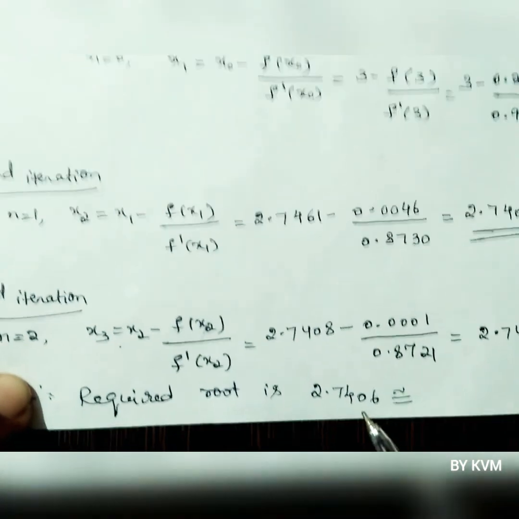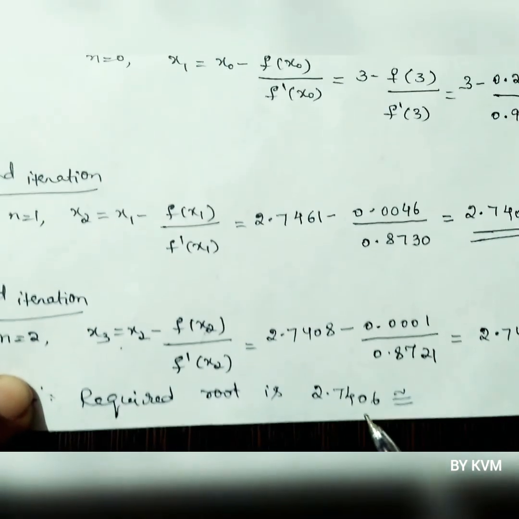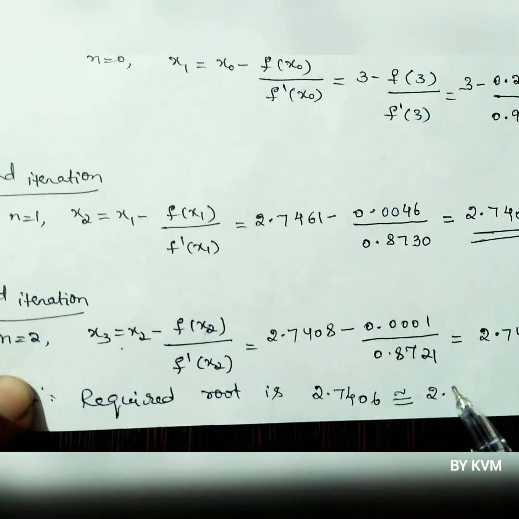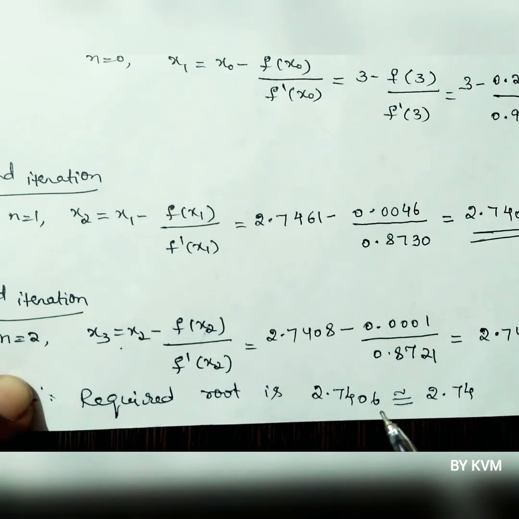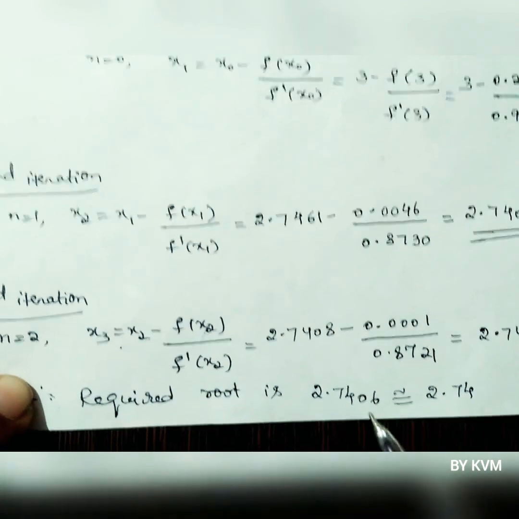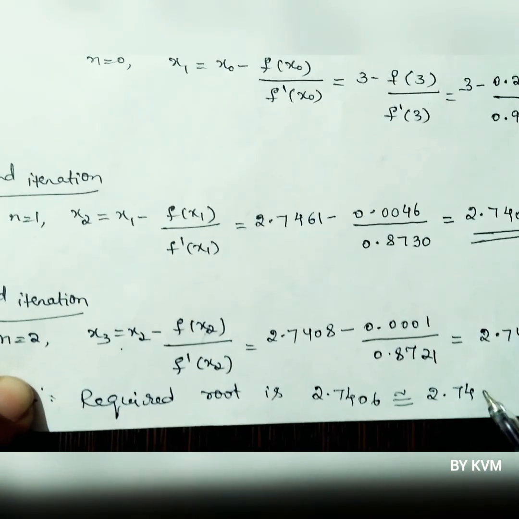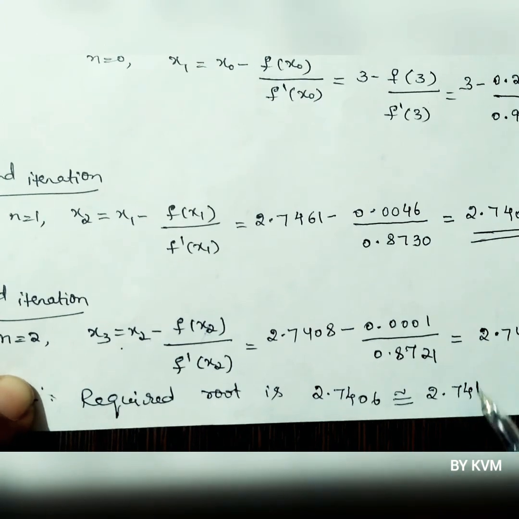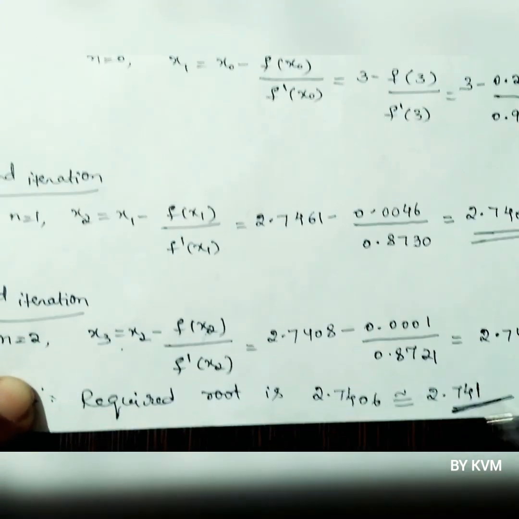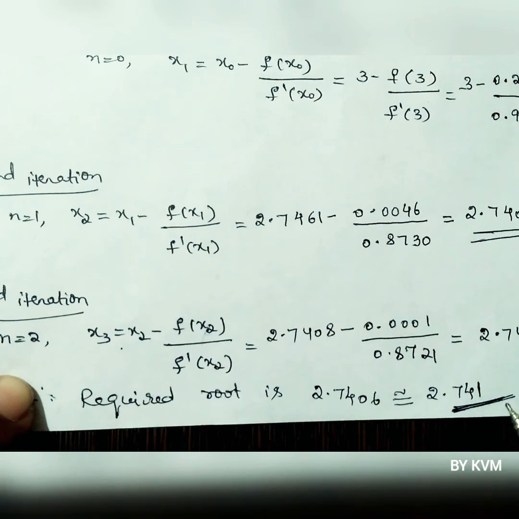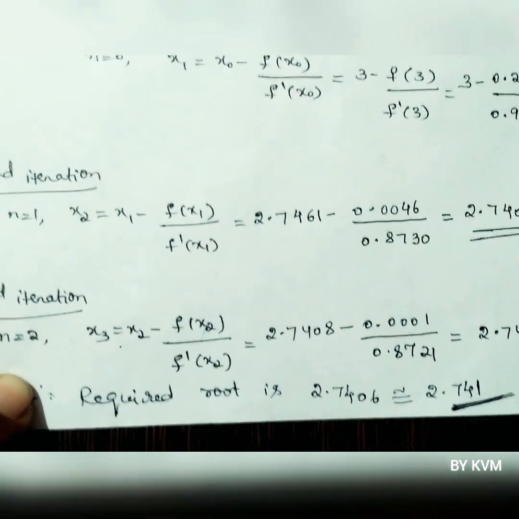We can keep this value for 3 decimal places. Correct to 3 decimal places it is 2.74. In the fourth place there is 6, which is greater than 5. So add 1 to the previous digit, that is add 1 to the third digit, we get 2.741. So this is the root of the given equation correct to 3 decimal places.